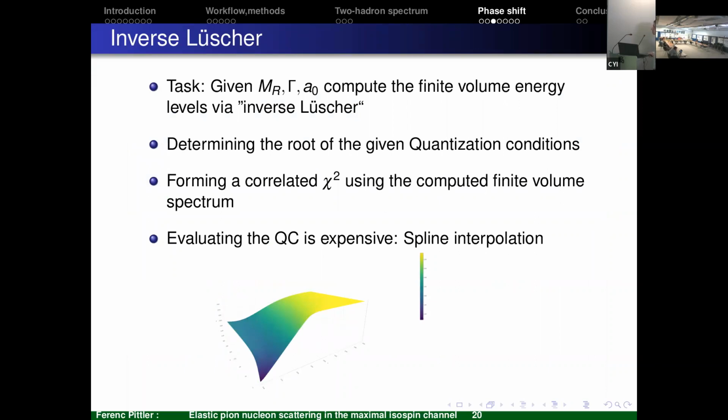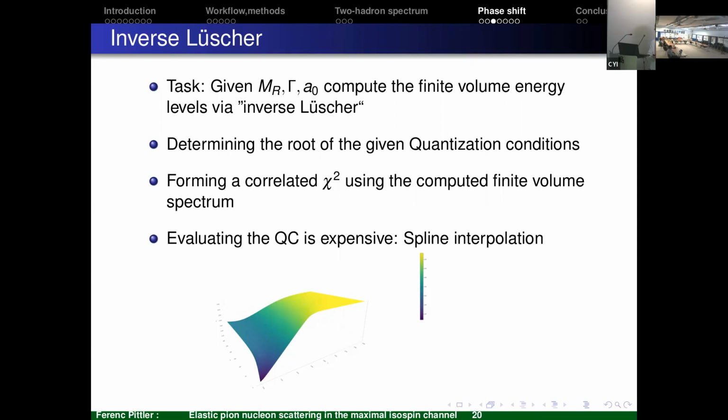Our task is that, given the resonance mass, resonance width, and the scattering length, we have to compute finite volume energy levels via this Lüscher transformation, and compare this to the energy levels that we computed on the lattice.